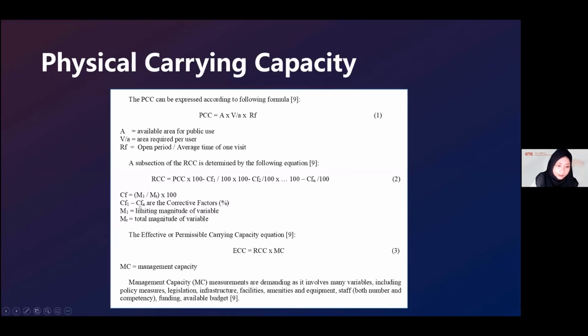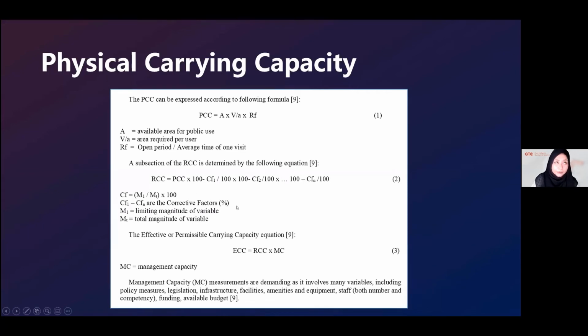So this magnitude of variables, we put into factors per 100%, meaning that if you put the rainy days as a factor, you can calculate it into numbers.